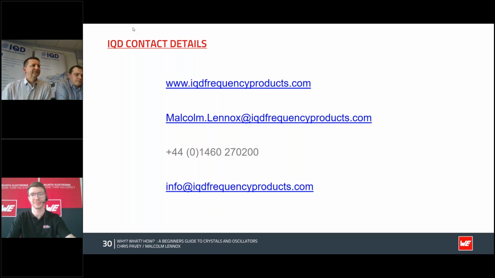So I think that the limit has probably been reached for what is possible from a manufacturing point of view and also from what is commercially viable. Crystal blanks less than 1 millimeter are very difficult to produce, as the crystal blank has to be manufactured and mounted.